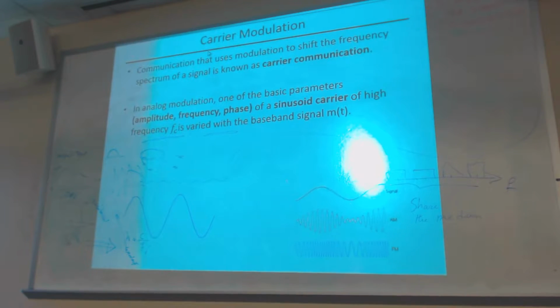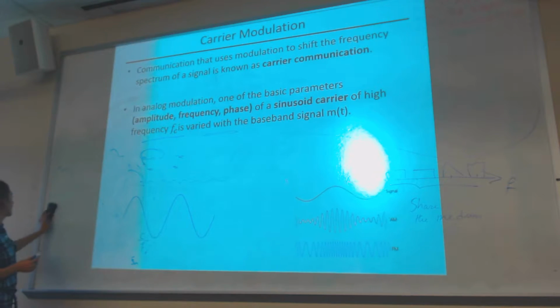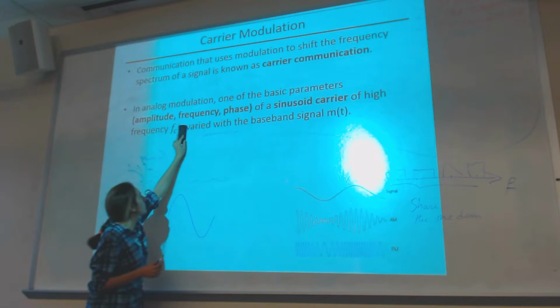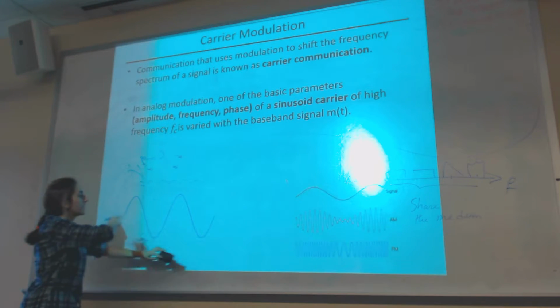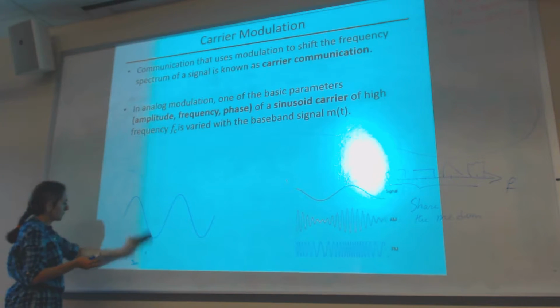This is called carrier modulation. Communication that uses modulation to shift the frequency spectrum to higher frequencies is called carrier communication. So you have to have a high frequency carrier to somehow carry your signal from low frequency to high frequency.